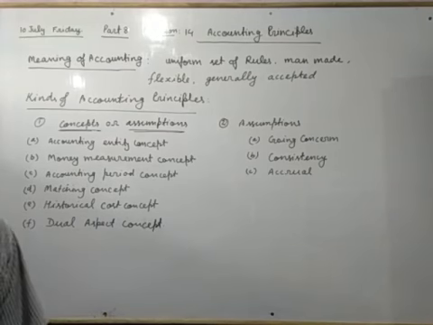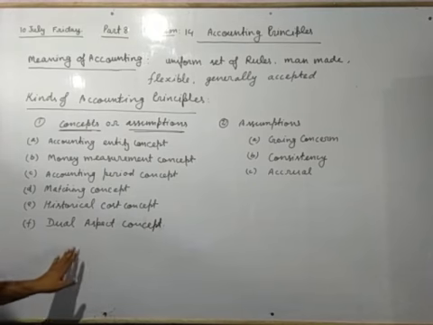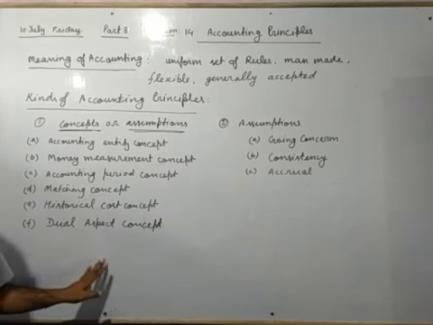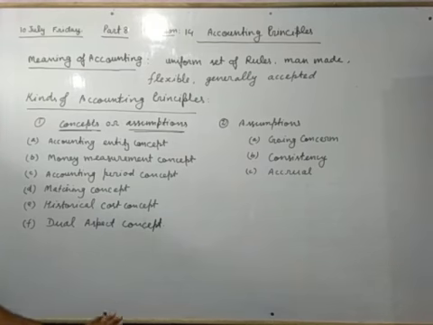Now, the whole of accounting is based on this concept. All the accounting software is developed on this concept, assets equal liabilities plus capital. So for every transaction, we make one account debit and one account credit.